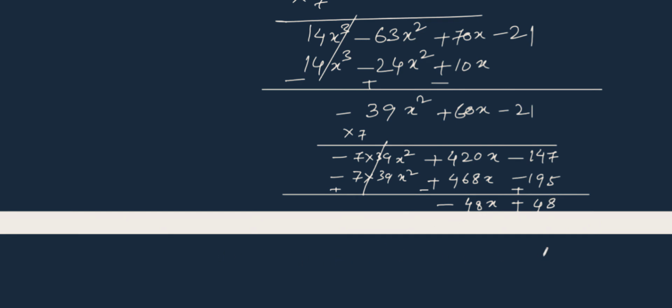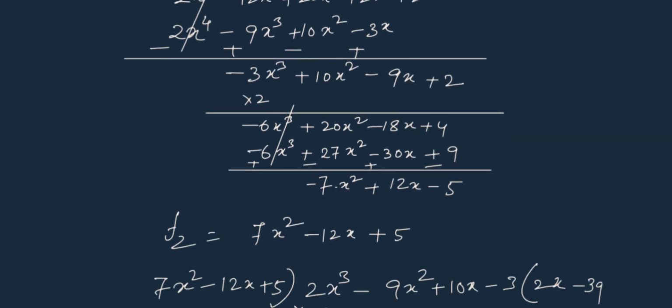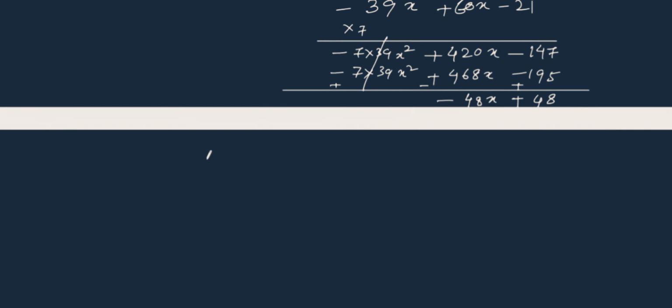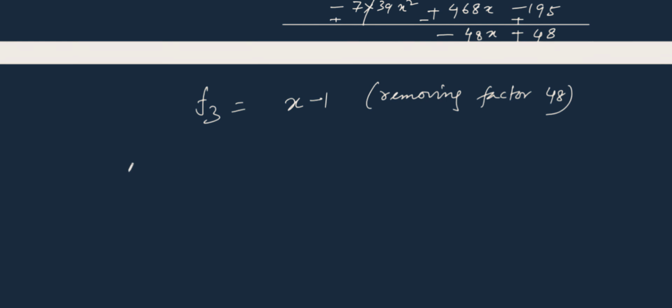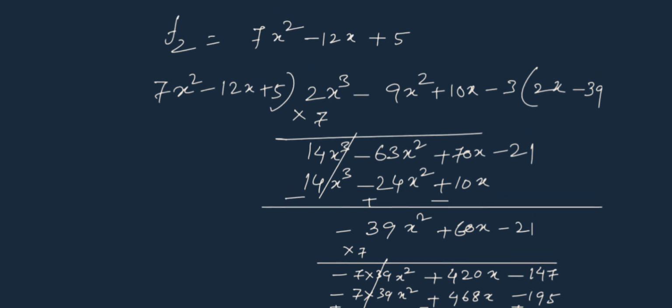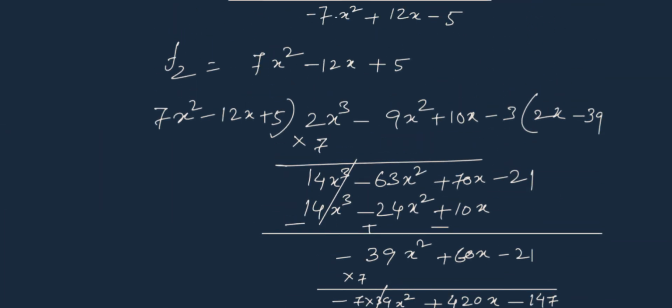So F1, F2, F3. So F3 will be x minus 1, removing factor 48. And now divide F2 by F3. So F2 is 7x square minus 12x plus 5.